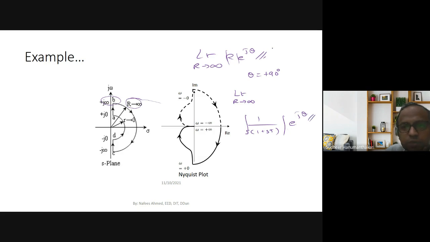So e power j theta is e power plus 90 degrees. If you make 1 by r, when r tends to infinity, you are taking s from plus j infinity to minus j infinity. So what it will do is result in an arc.